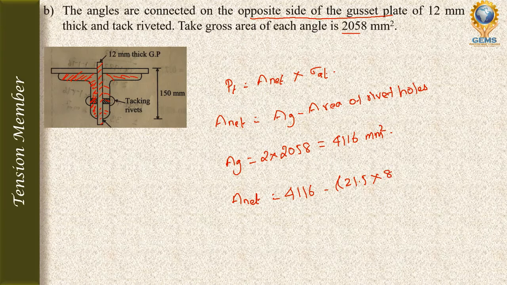And here two sections are available, so you have to deduct 2 areas of the rivet holes from the gross, so into 2. So it comes as 3772 mm square. So this is the area of the net.